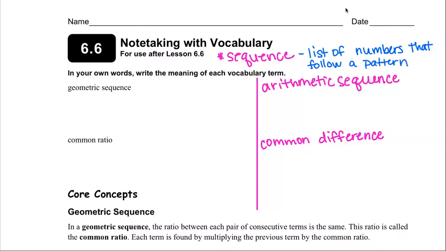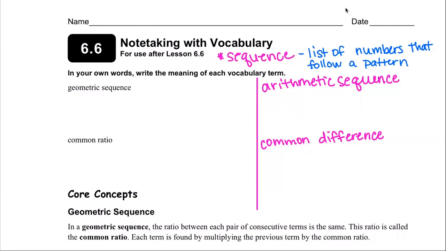Now, there are two types of sequences that we need you to be able to pick out. One is called an arithmetic sequence. The other is called a geometric sequence. And today's big focus is going to be about the geometric sequence, and you'll see here why in a little bit.